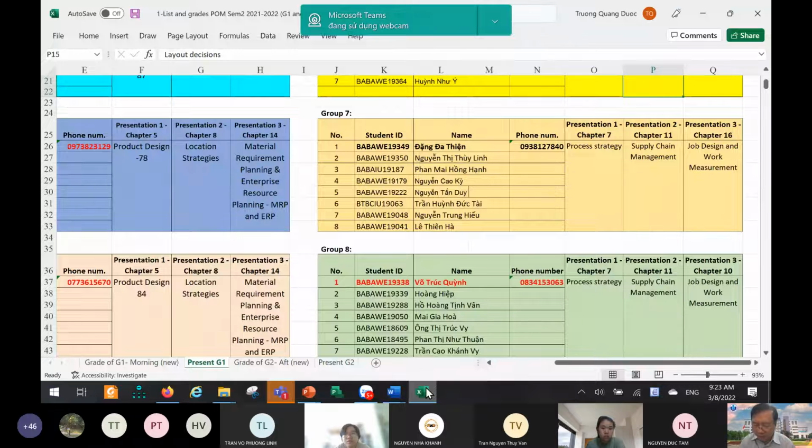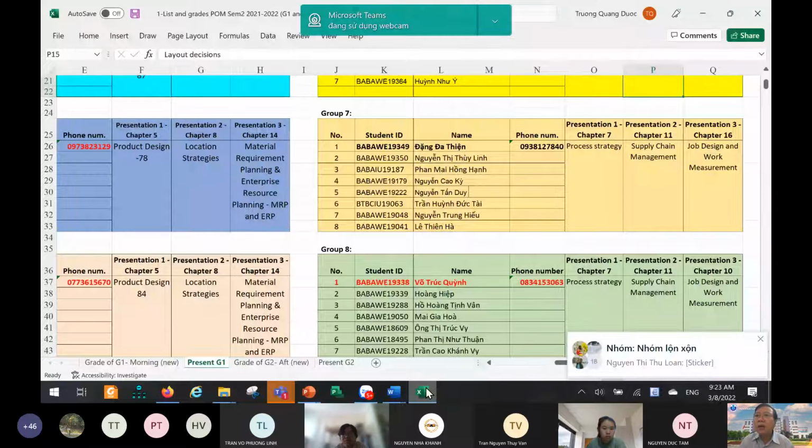And about group 8, how many students? Four. Okay, which one? Trúc Quỳnh first, huh? Yes. Okay, and then Mai Gia Hòa, Trúc Vi, and Như Thuận. Okay, thank you.